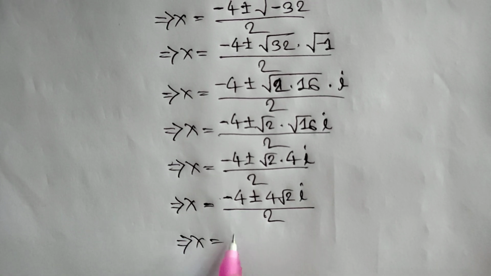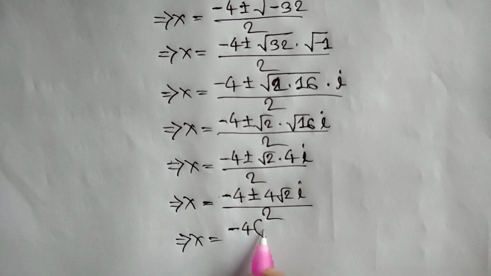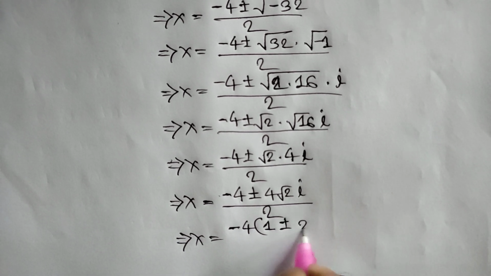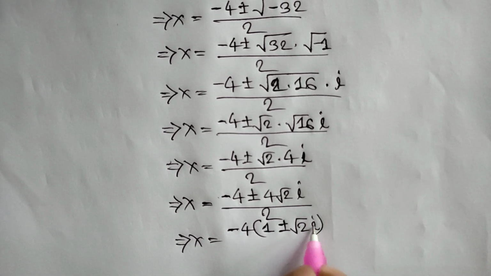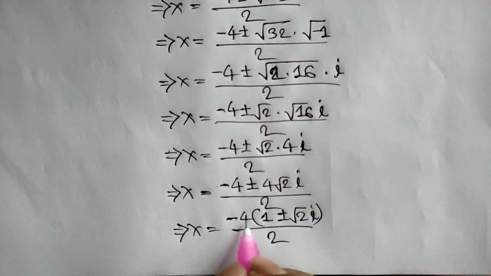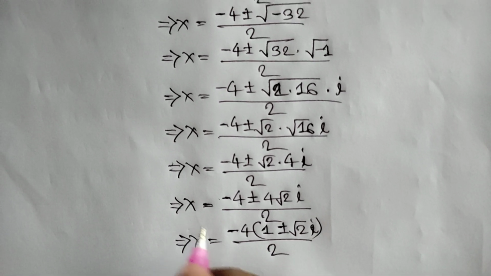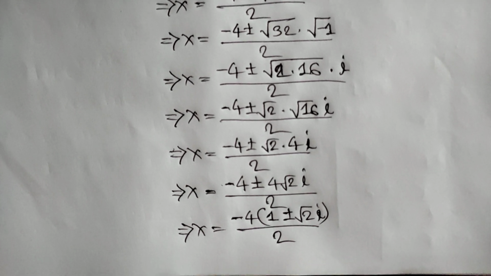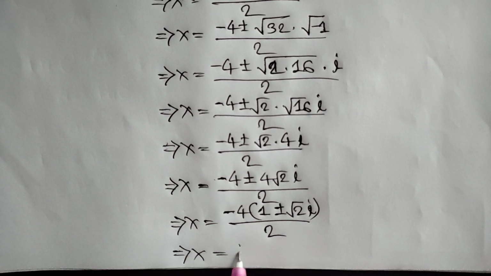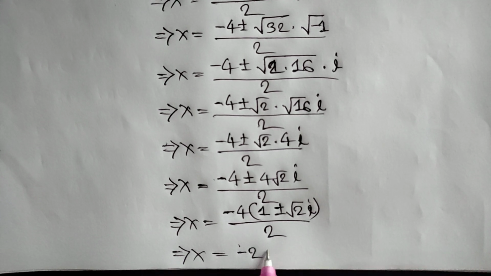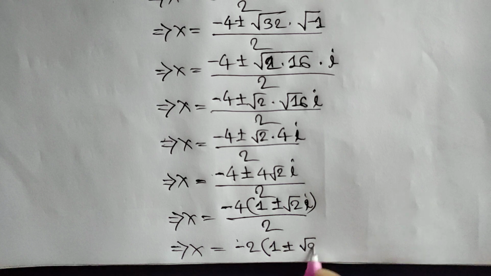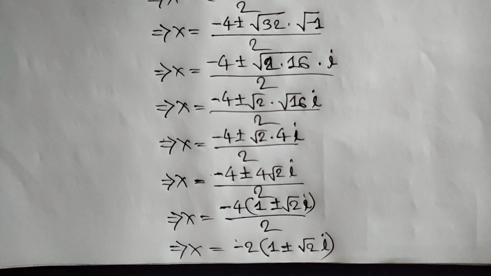Taking common minus 4, we get 1 plus or minus square root of 2 i over 2. This 2 divided by minus 4, we get x is equal to minus 2 times 1 plus or minus square root of 2 i.